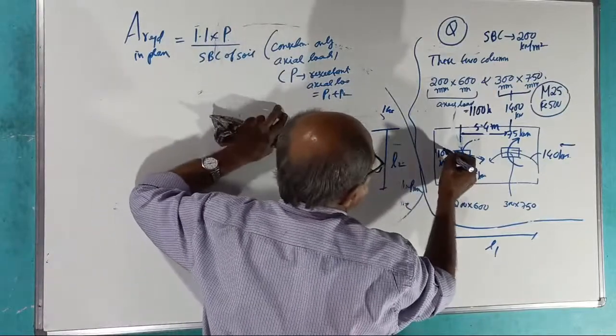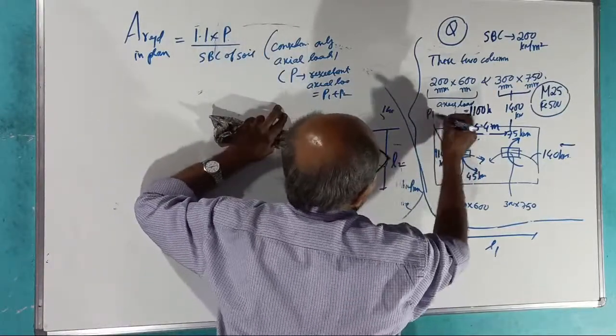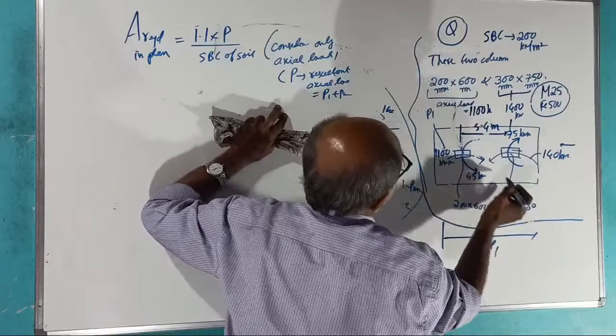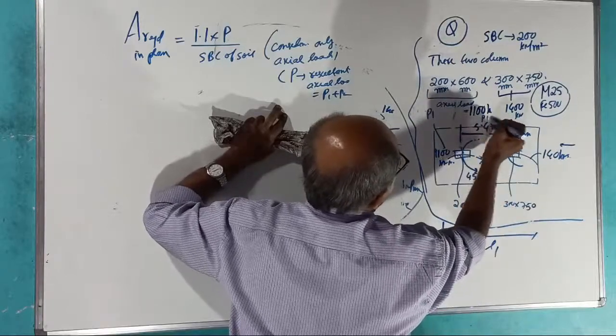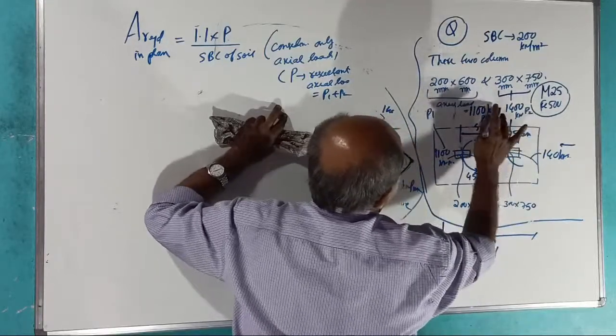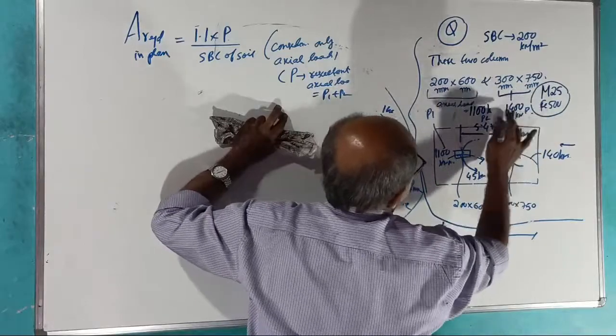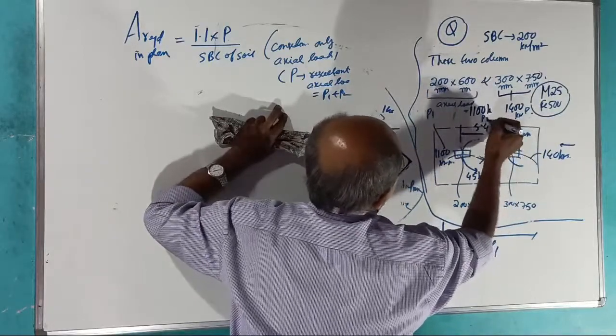If I call this 1100 as P1 and the other load, how much I told you, as P2, symbol is not a problem.